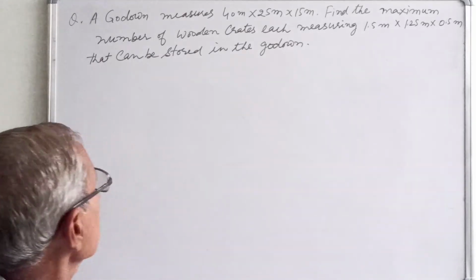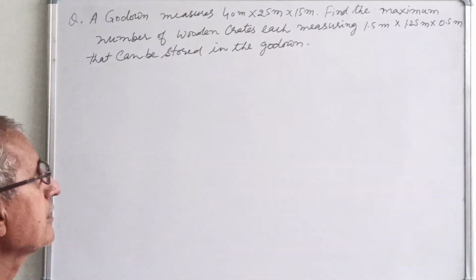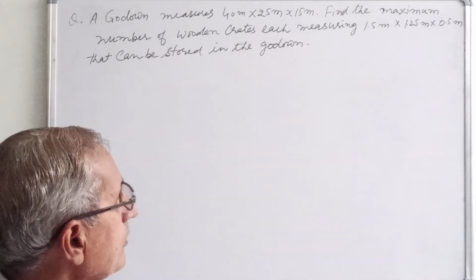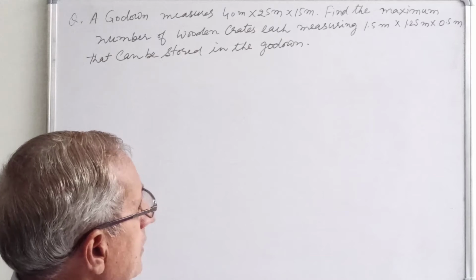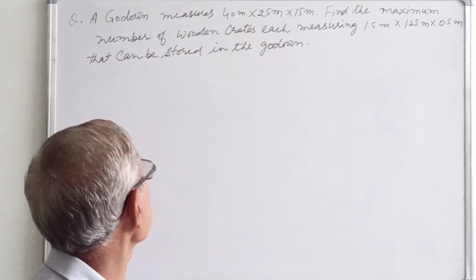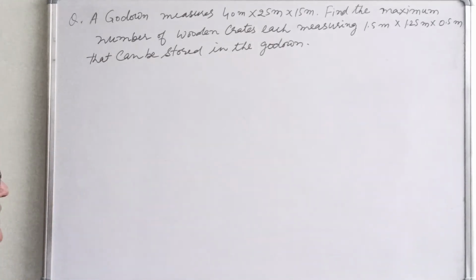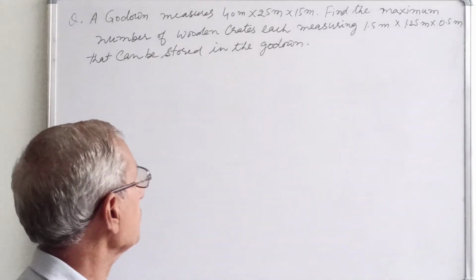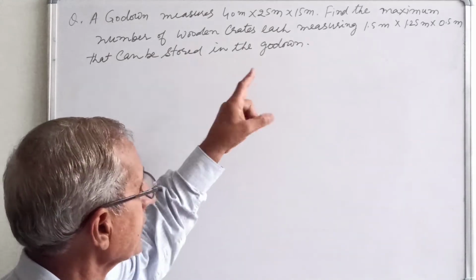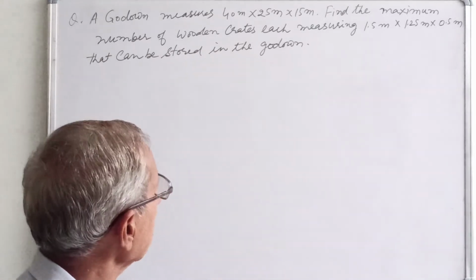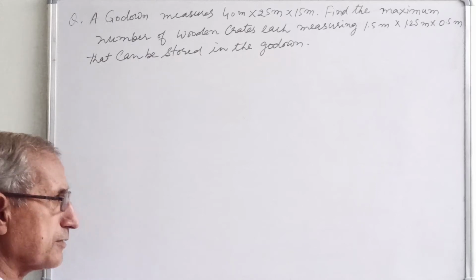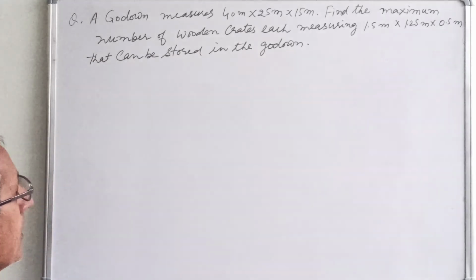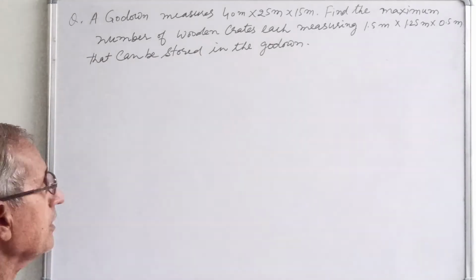Find the maximum number of the wooden crates, each measuring 1.5 meter multiply 1.25 meter multiply 0.5 meters that can be stored in the godown. Now see, in this question you have to find the number of crates that can be kept inside the godown. In such cases we have to find the volume of both things.